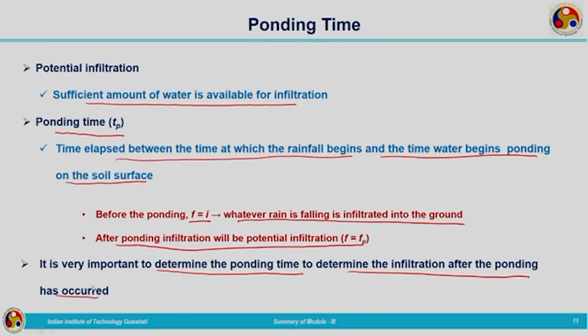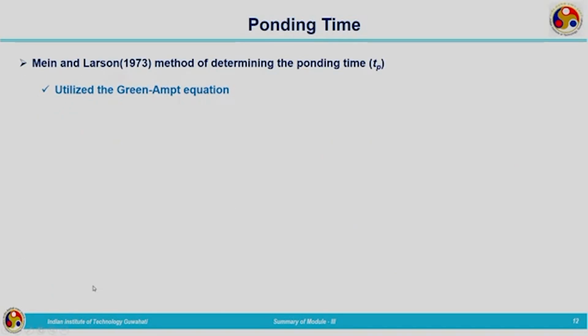For that we have made use of the Green-Ampt equation, the contribution by Mein and Larson. The equation is based on the Green-Ampt equation, which is derived as a combination of continuity and momentum equations.